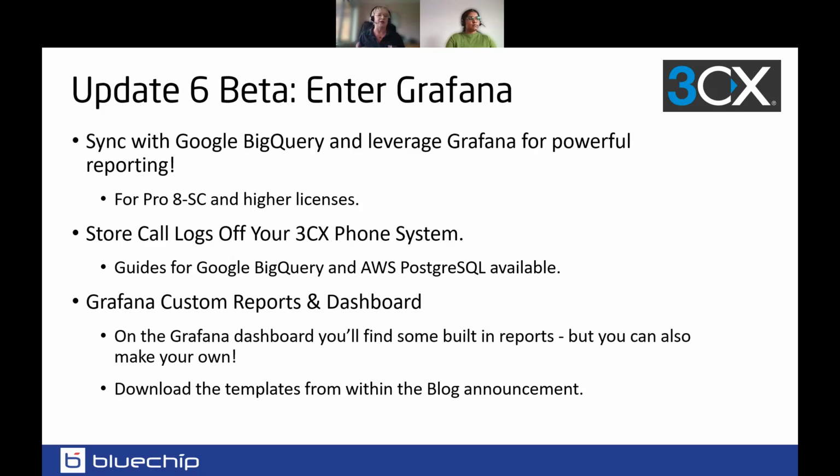You can actually make a package effectively for your customers and work with them. Those templates are available for download within the blog. The guides for the Google BigQuery and the AWS SQL queries are available within that blog as well. So you can search those on the 3CX website, but if you go straight to the blog, all the links are there to work your way through.